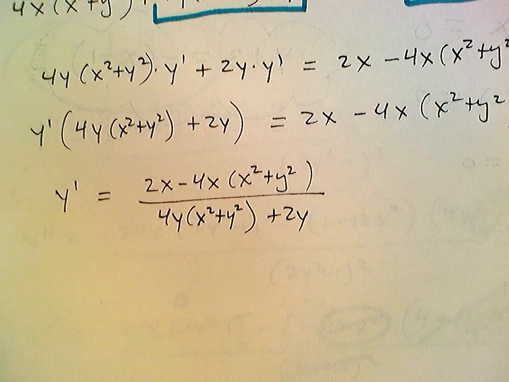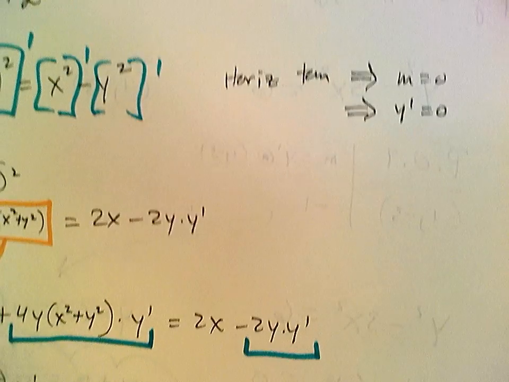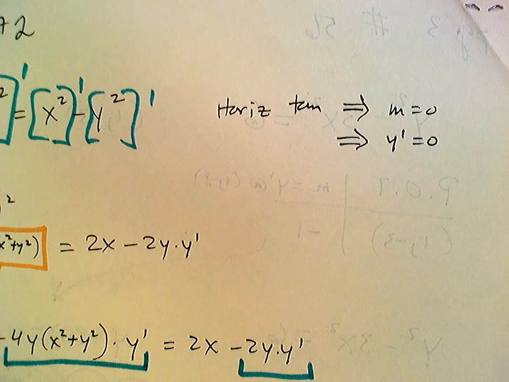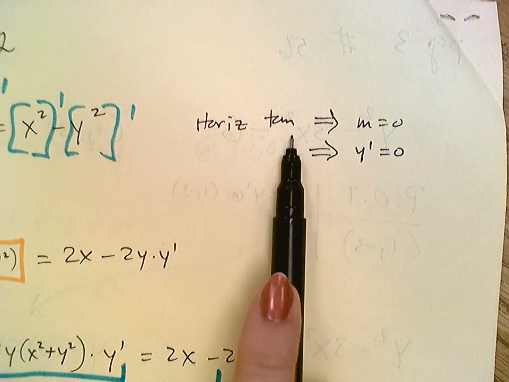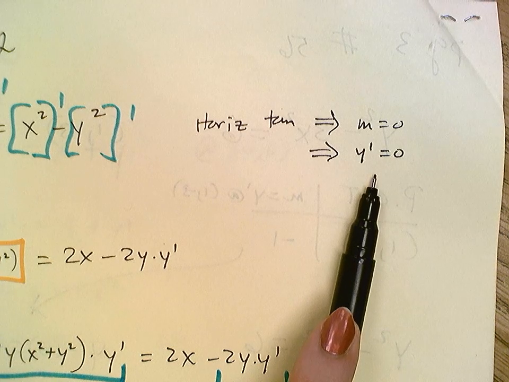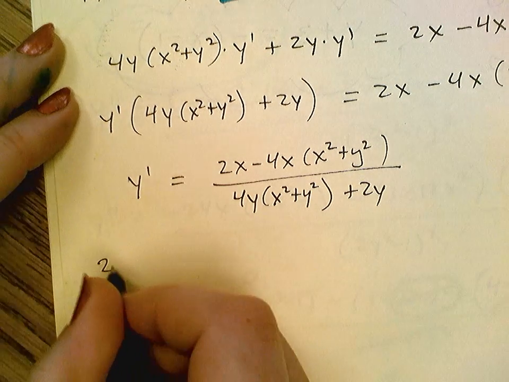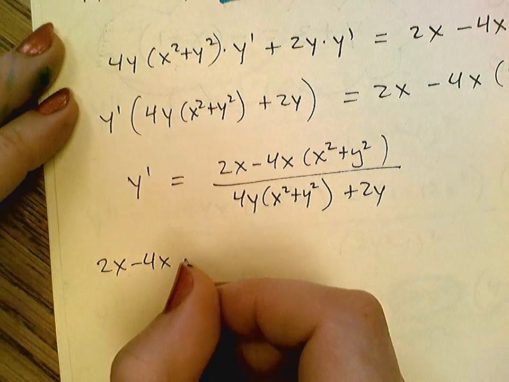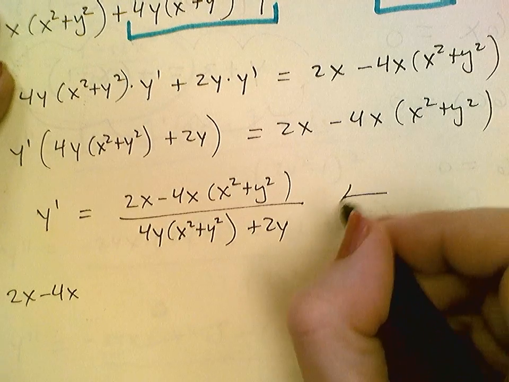Okay, so I'm looking for the location of a horizontal tangent. So this is what I want. I've got to figure out where y prime is 0. So now I take y prime, 2x minus 4x... How about I just say this?